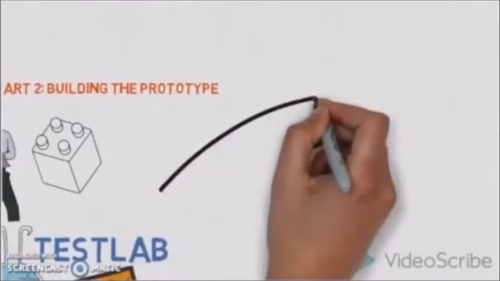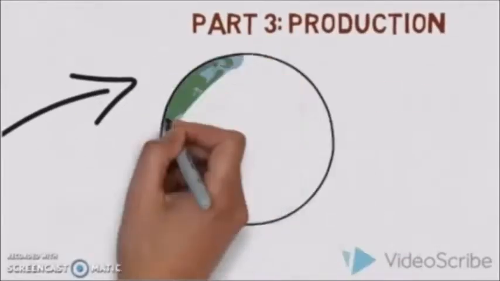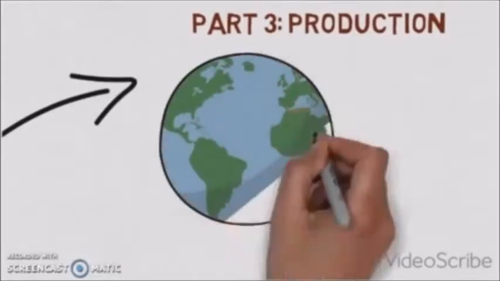If it passes the test, it goes directly to part 3, production, where the sales center decides which supplier is going to build the product.